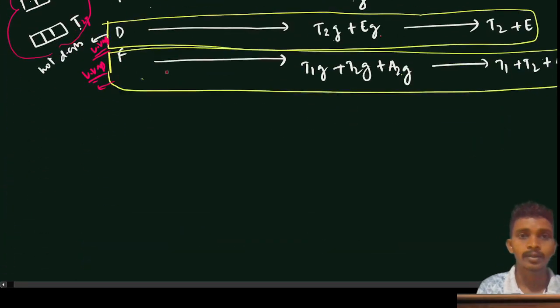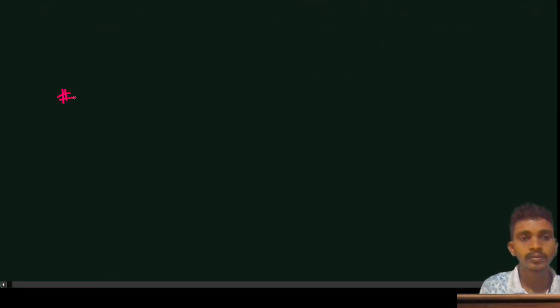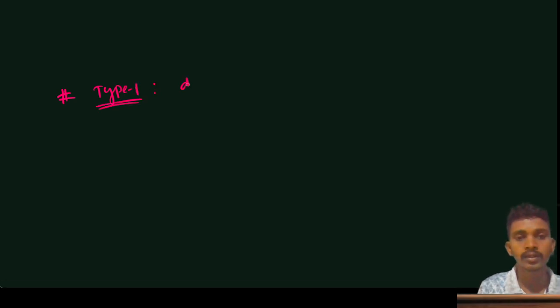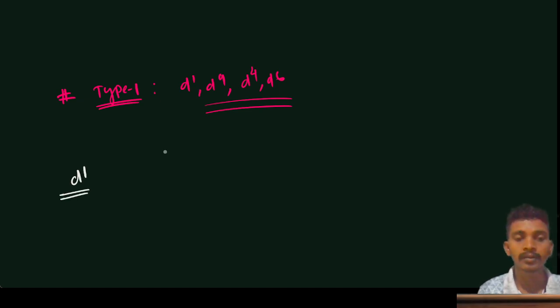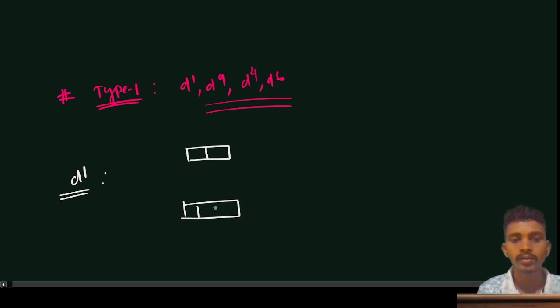So let's discuss type 1. That is D1, D9, D4 and D6. Okay, so first we will go with D1. So for this D1 I will draw here 1, 3. Okay, so now only one electron, so I fill one electron.